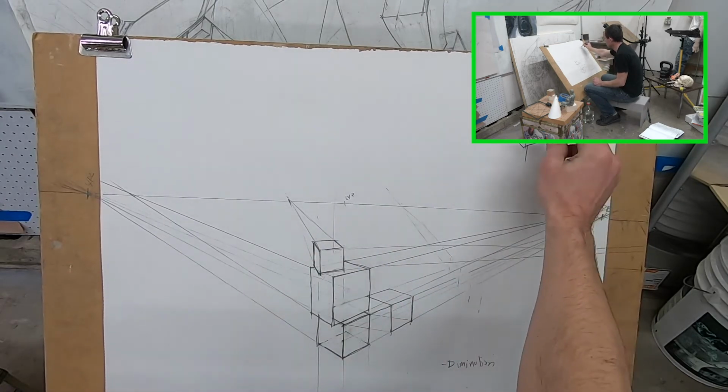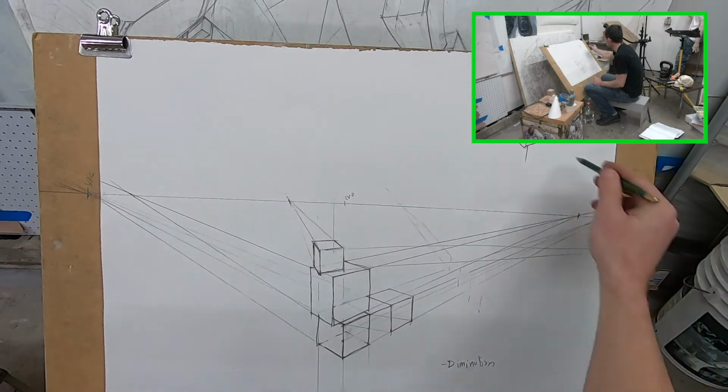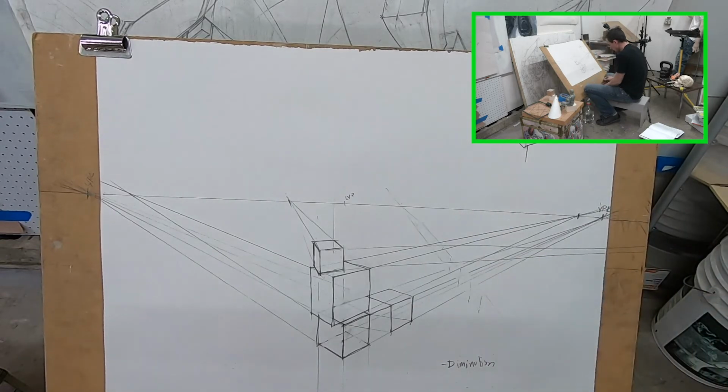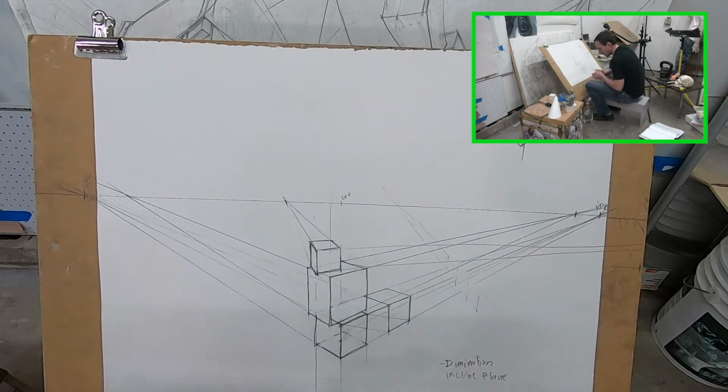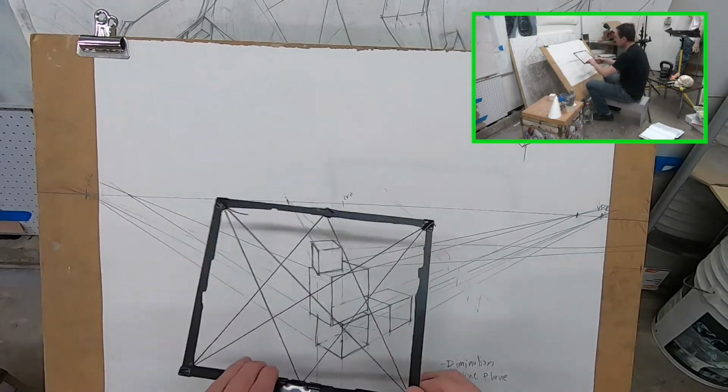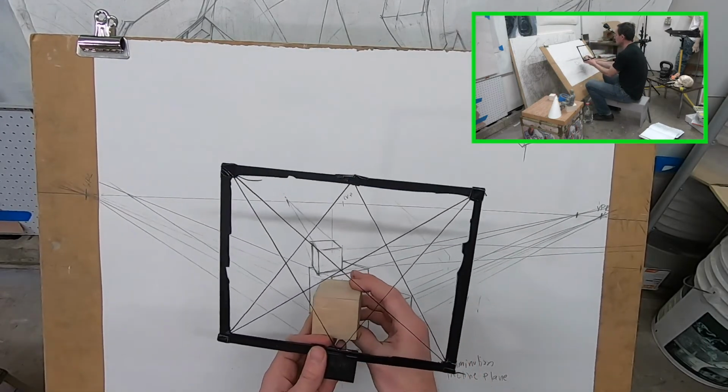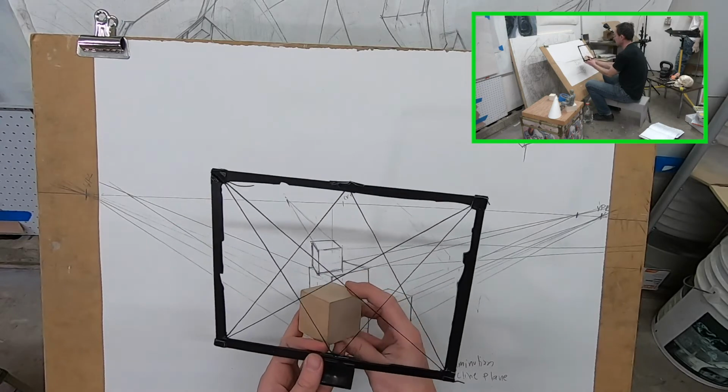So we've done special vanishing points, rotating on an axis. Next, let's do inclined plane. Now, for an inclined plane, let's take a look at our cube in two-point perspective.